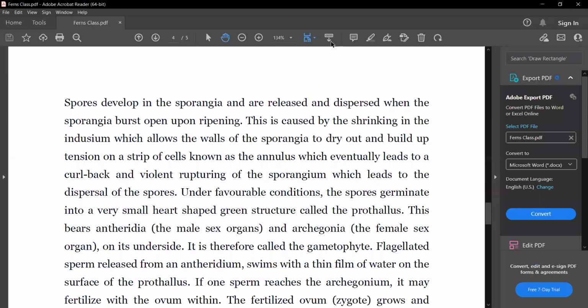So now, how does this dispersal occur? When the spores are mature enough and ready to be dispersed, the protective structure, which I'm calling the indusium, would shrink. Now, when it shrinks, there's tension being built within the sporangia because the walls of the sporangia will dry up.